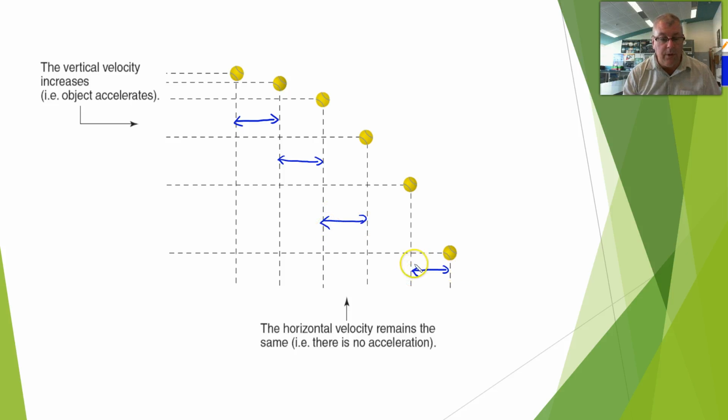So all those blue double-ended arrows are the same size. However, it is traveling in the vertical, getting a larger component of displacement for each time interval because it's accelerating. And it's accelerating due to gravity.